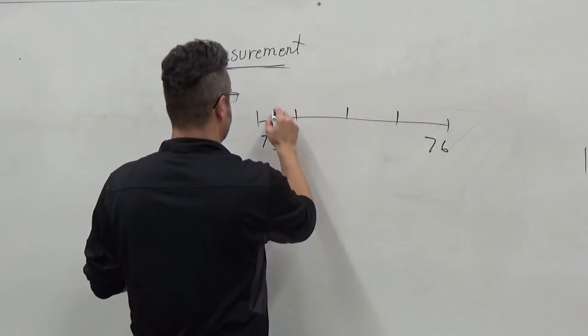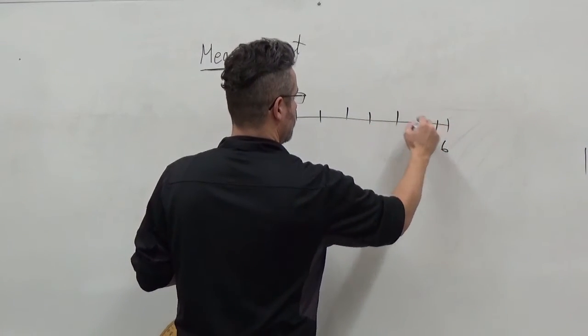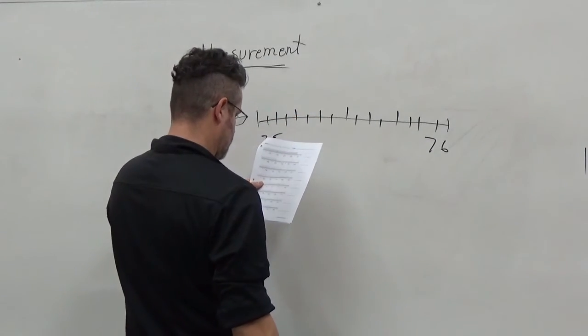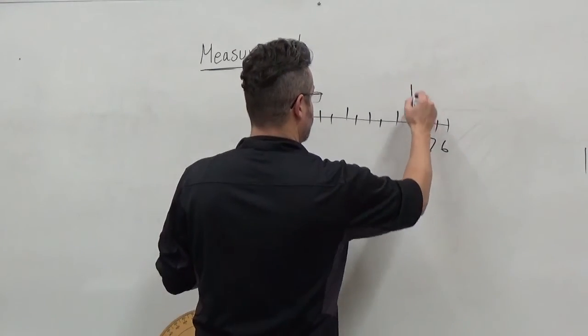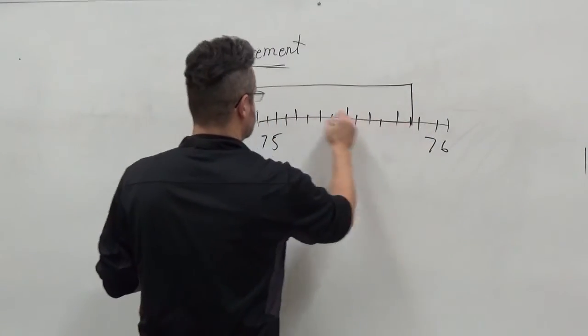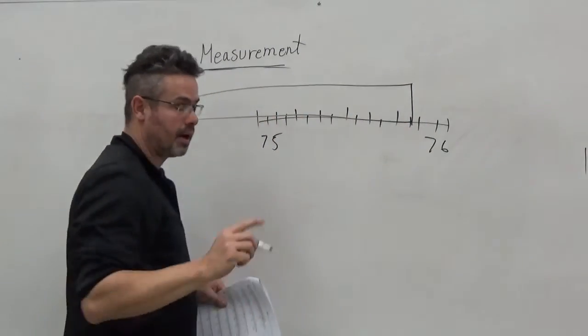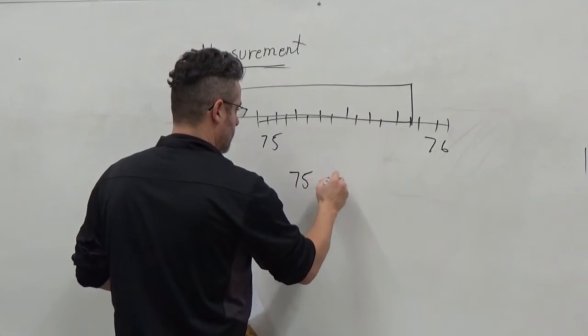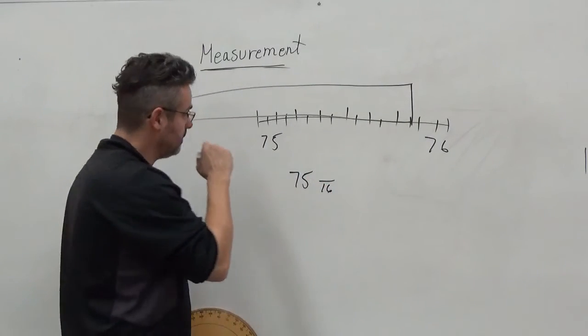I'm going to break up my inch here first. It looks like it gets to here. So on the page, this is where the board gets to, and we know that this would be 75 and some fraction out of 16.